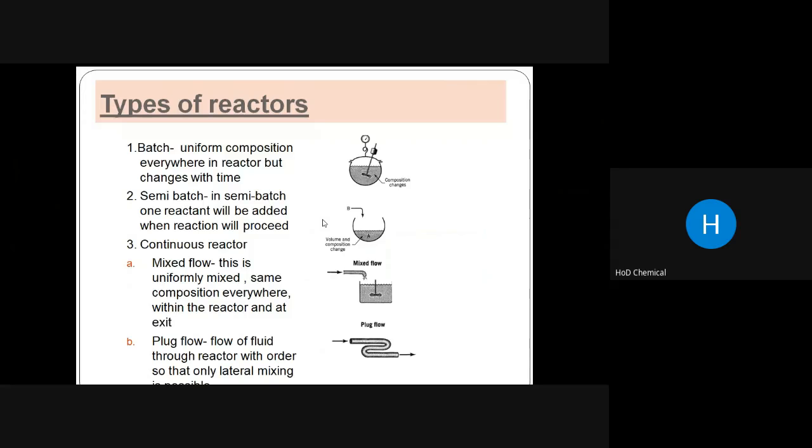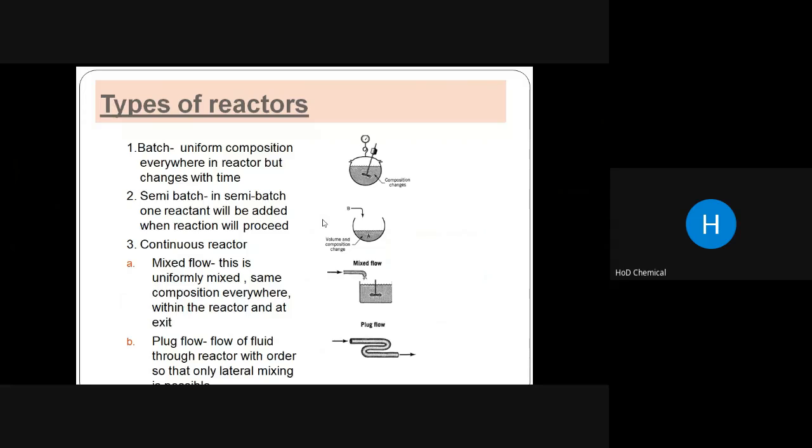Further, we can classify it, involving the term order of reaction. So how can we define order of reaction? It is the sum of the powers of the concentration terms.